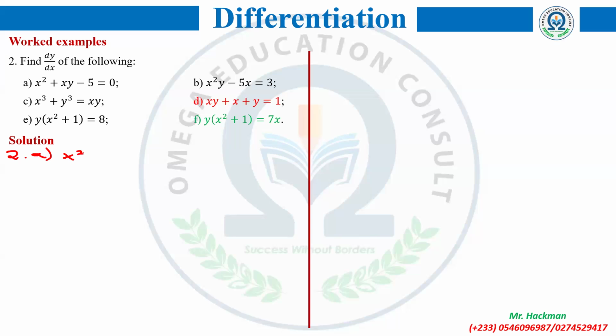It is x squared plus xy minus 5 is equal to 0. Now we are going to apply d dx to both sides. So we are going to have d dx of x squared plus xy minus 5 is equal to d dx of 0.